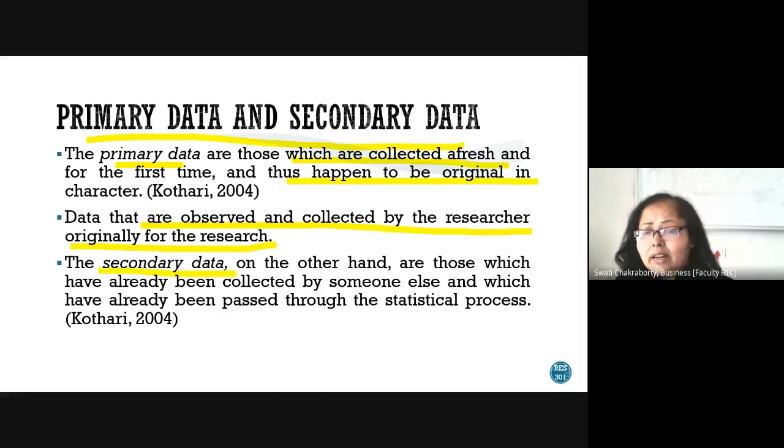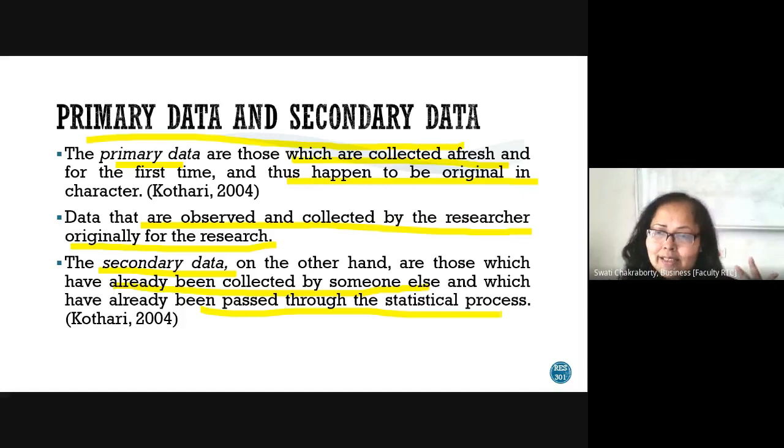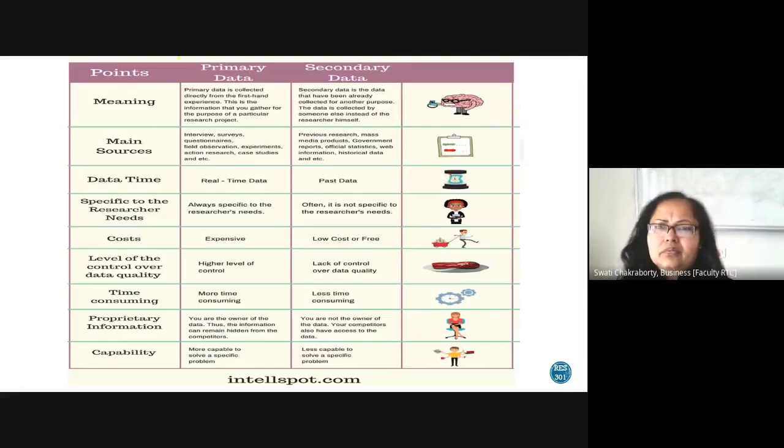On the other hand, secondary data is all those data which have already been collected by someone else and have already passed through the statistical process. So we're just referring to it; we are using someone else's data. Our secondary data is always the primary data for someone else, who collected it. This is the basic difference between primary data and secondary data.